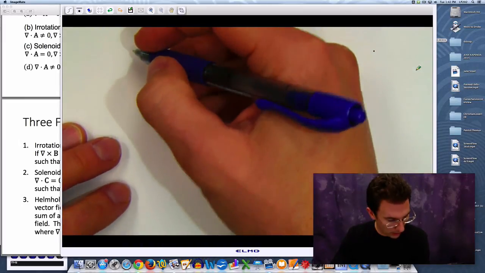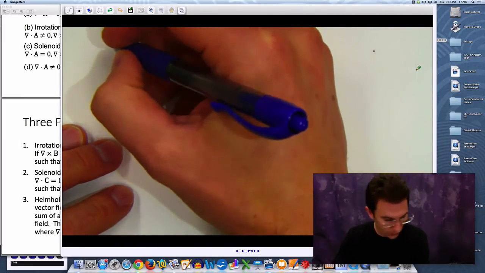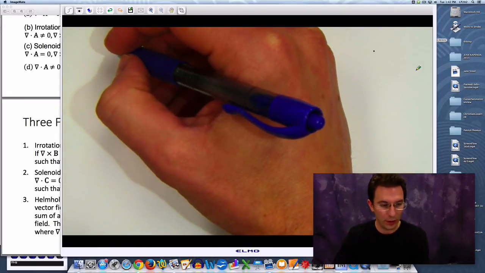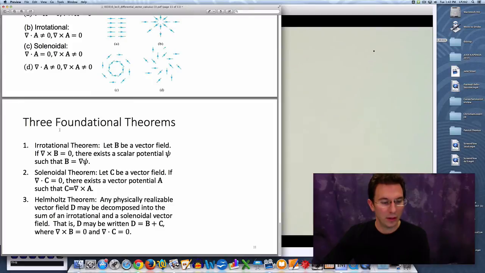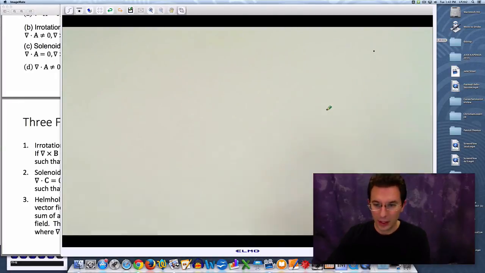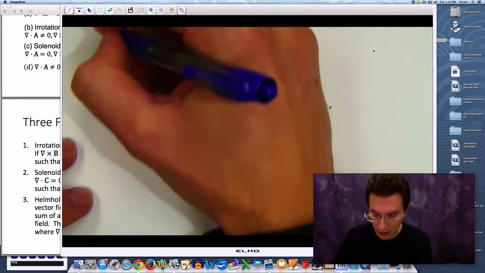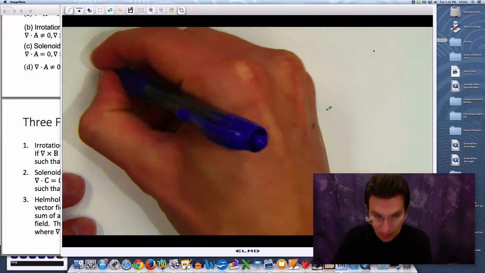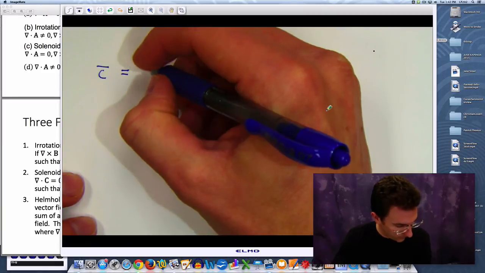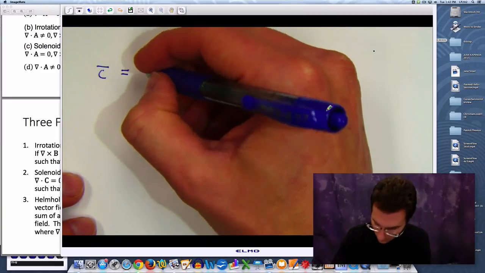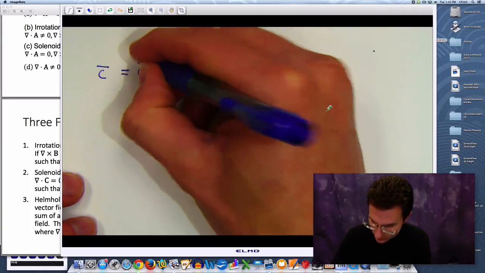Let's say our original vector field C is equal to phi hat in cylindrical coordinates.